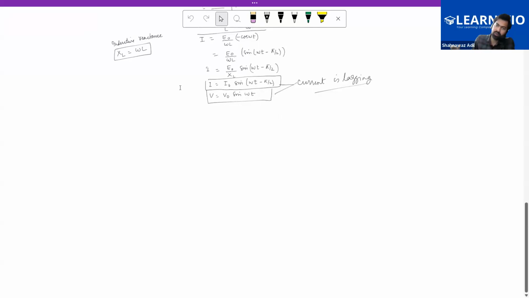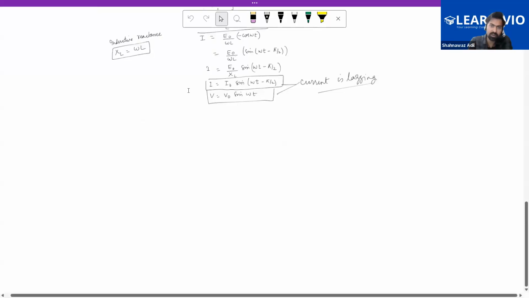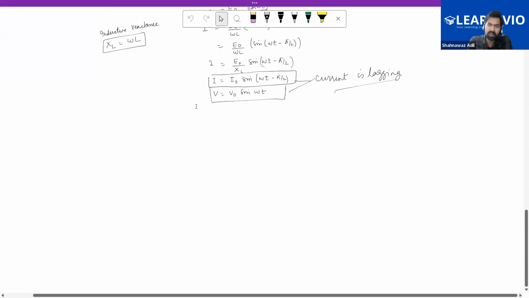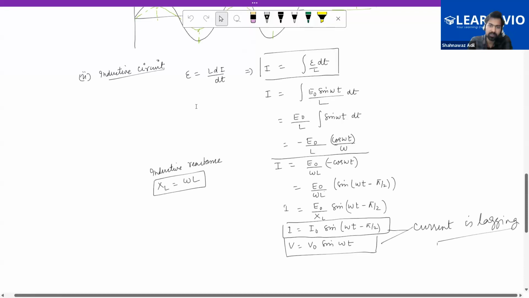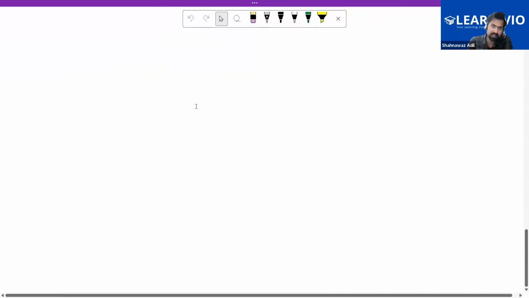Okay, so now let us talk about the capacitive circuit.